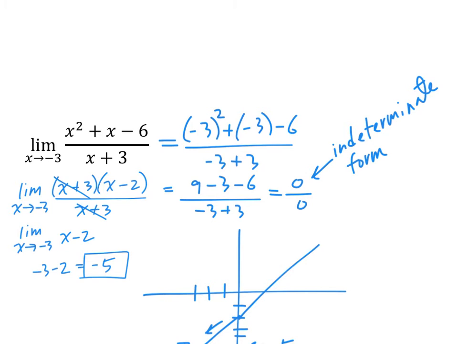I will help you later on, but just remember, this is a big no-no in the AP Calculus test. If you ever write equals 0 over 0, you pretty much lose the point for the entire question. So please do not write that. If you do, you have to write indeterminate form.